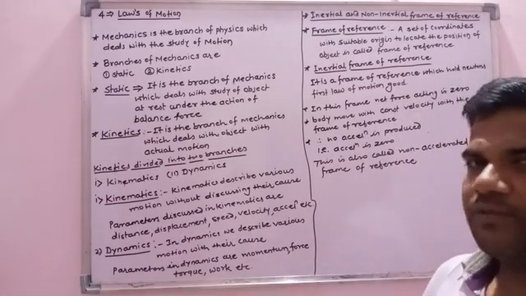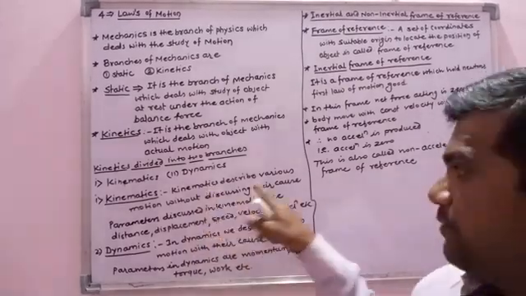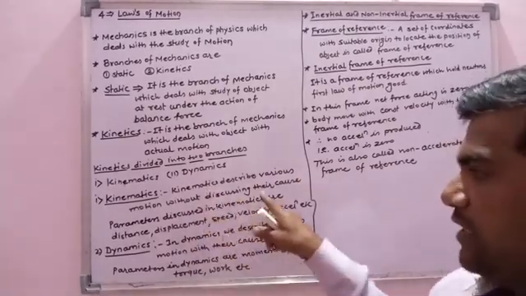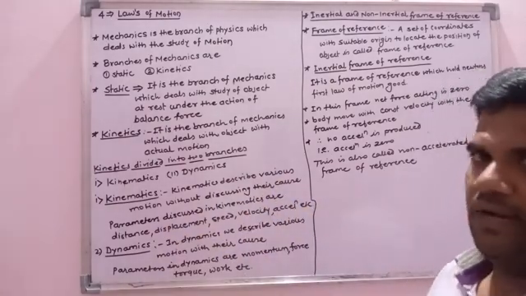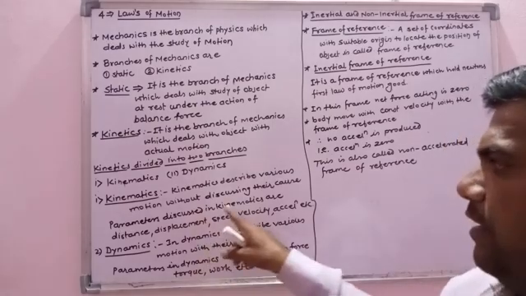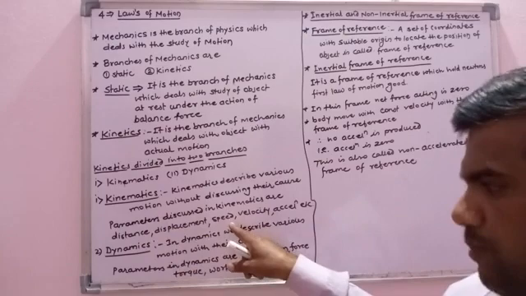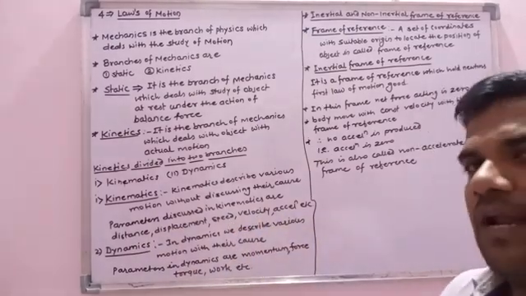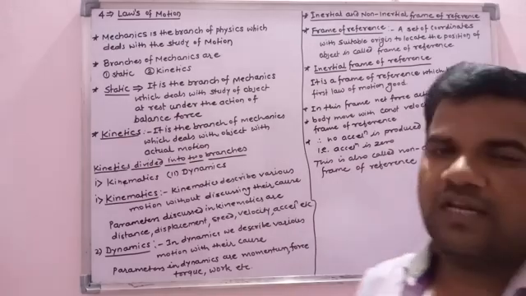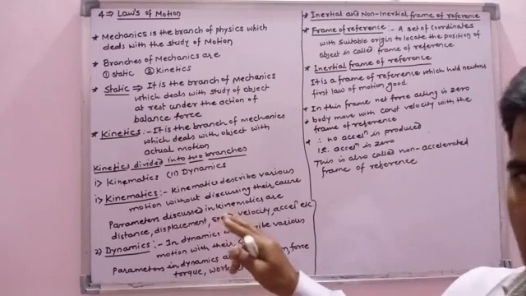These are different types of motions. So kinematics describes various motions without discussing their cause, and the parameters in kinematics are distance, displacement, speed, velocity, acceleration, etc. These parameters are also called the states.